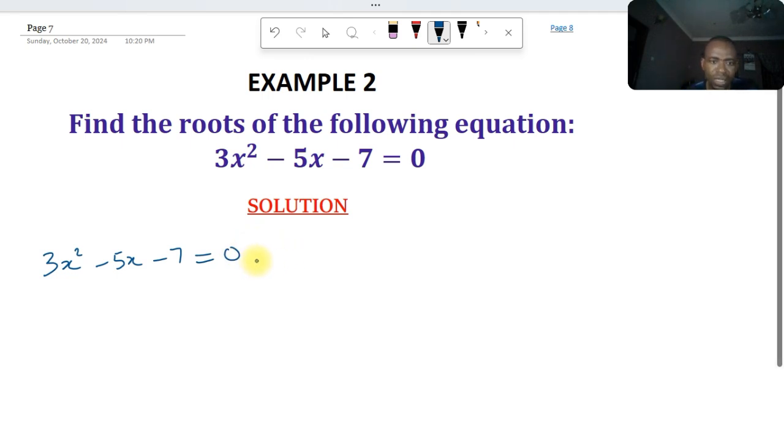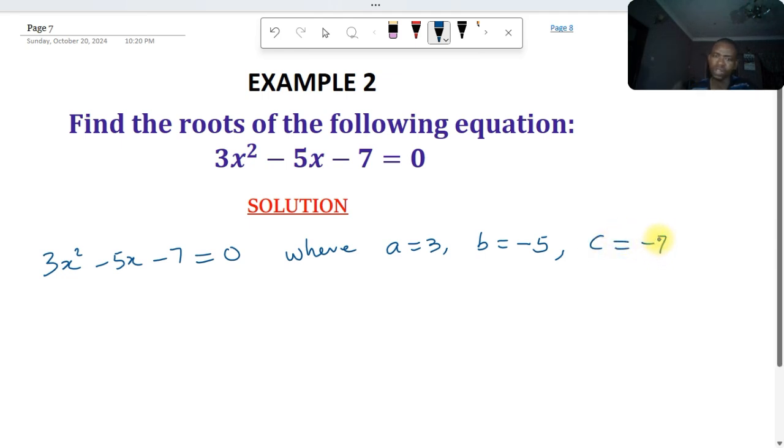I would like to list the values of a, b, and c. So a equals 3, your b equals minus 5, it's minus 5, not 5. We have negative 5 over there. Then we have c to be negative 7.